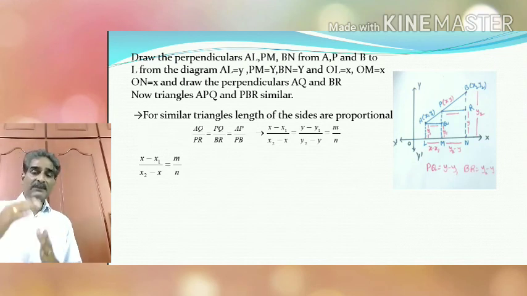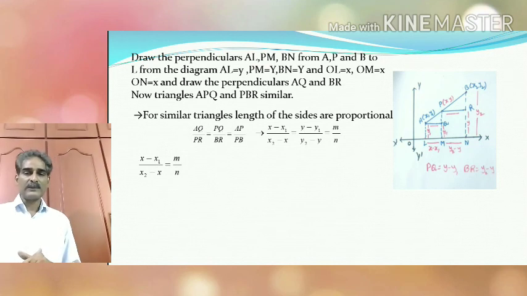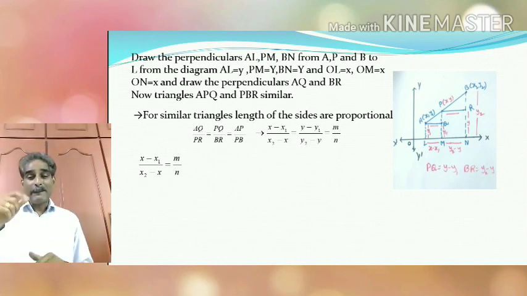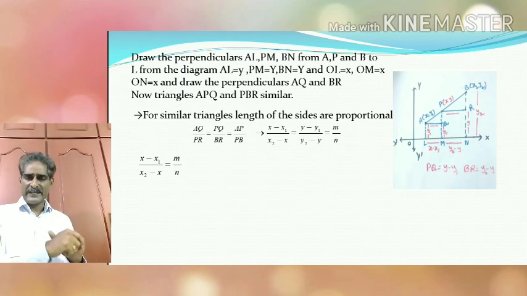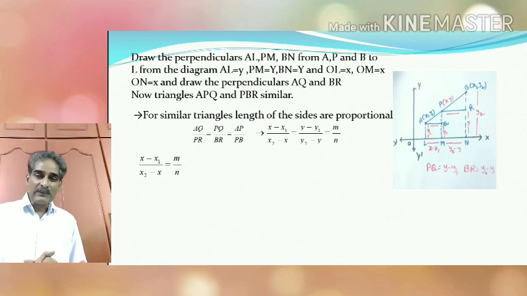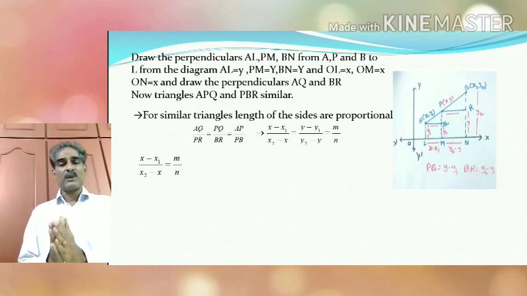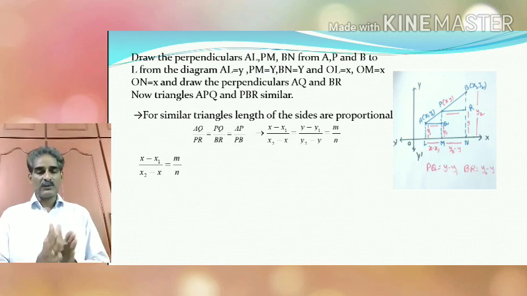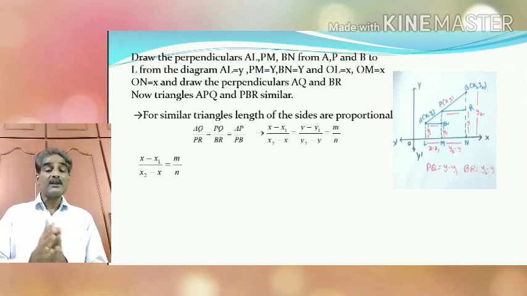Okay, now again I have to find out the lengths of PQ and BR also. So from the figure again you observe PQ is nothing but y minus y1 and BR is nothing but y2 minus y. Okay, so from the similarity property, the lengths are proportional.